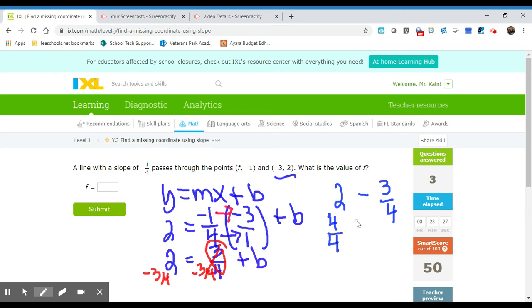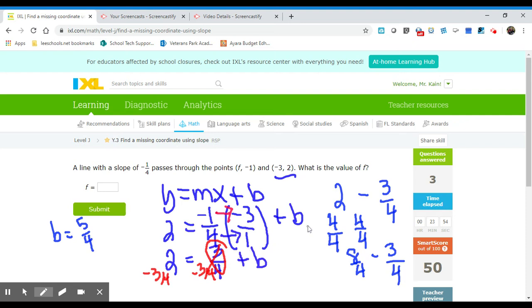So 2 would be two groups of 4/4 or 8/4. So it's like 8/4 minus 3/4. So if you have 8/4 and you take 3/4 away, you're going to have 5/4. So B is equal to 5/4.